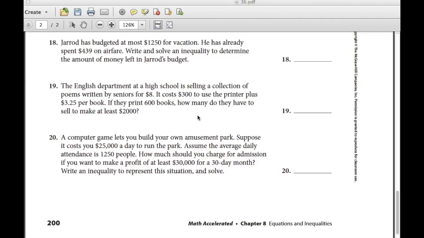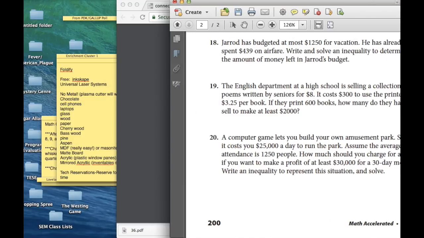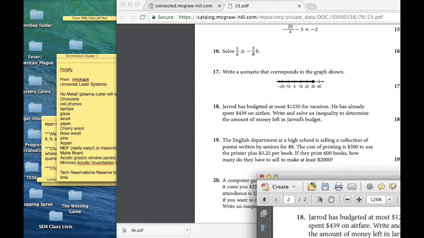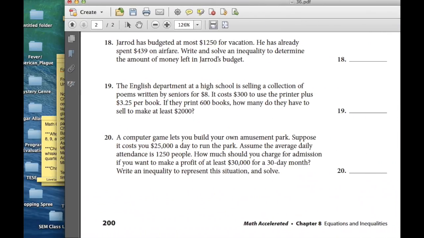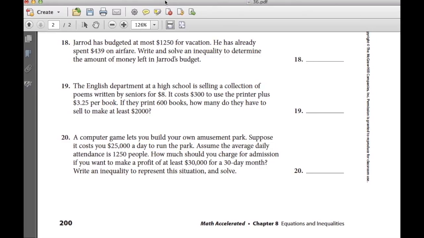For number 19, I've tried the problem several different ways and I cannot come up with the answer on the answer sheet, which is 532 books. If you can come up with that answer, please let me know how you did that, because I'm coming up with a different answer. So there's the way I did the problem.